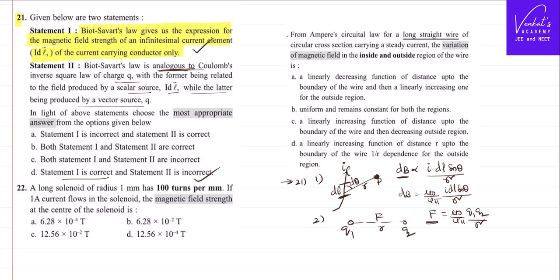Let's have a look at the other question. From Ampere's circuital law, for a long straight wire of circular cross section carrying a steady current, the variation of the magnetic field inside and outside the wire is. Therefore, we shall consider a long straight wire first of all.